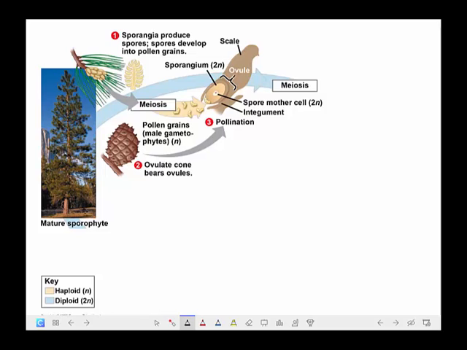So here's a sporophyte, a pine tree, and it produces pollen in little cones. I'll show you some pictures of these later. They're bunched together, in spiral arrangements of sporangia, a little strobilus kind of thing. Meiosis takes place to produce pollen grains, and pollen grains are actually male gametophytes.